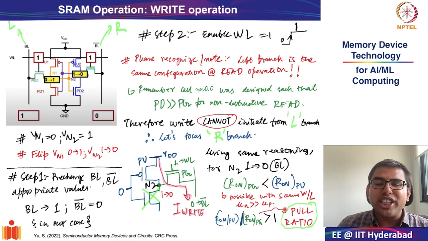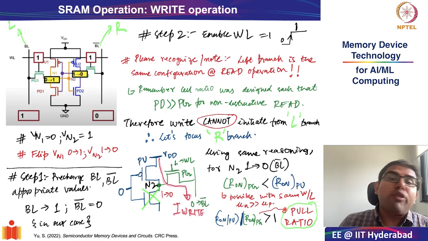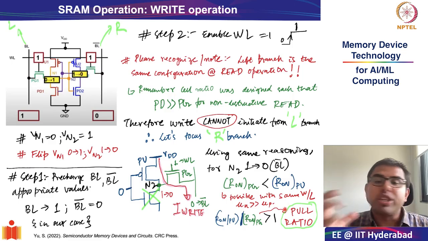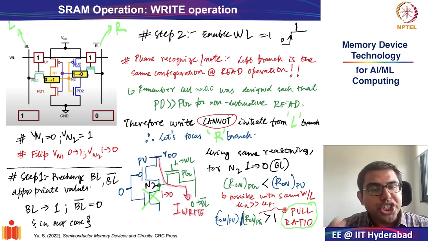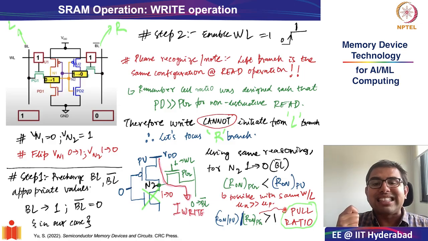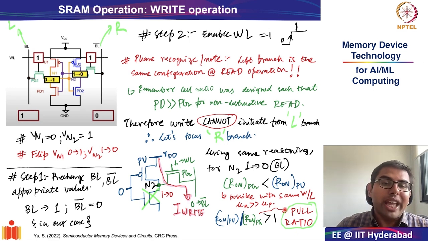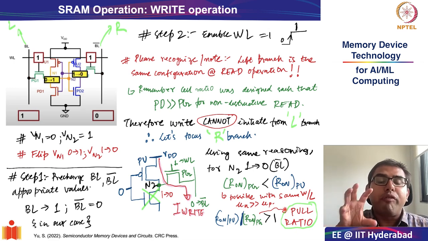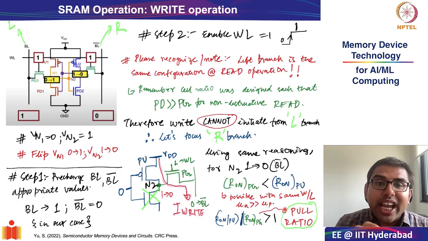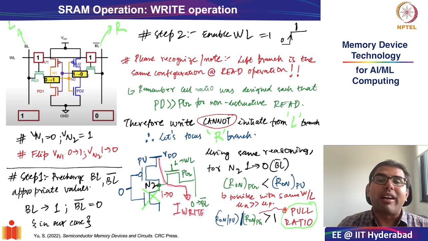Why is it called the pull ratio? Because you are trying to pull the value, or you are trying to flip the value from 1 to 0. Therefore, you try to ensure that the resistance of the pass gate transistor is much lesser than the resistance of the pull-up transistor. Okay, this is what forms the initiation phase of the write operation.